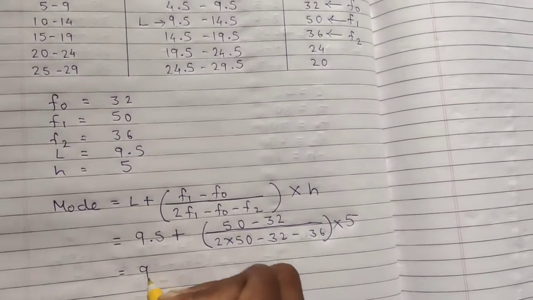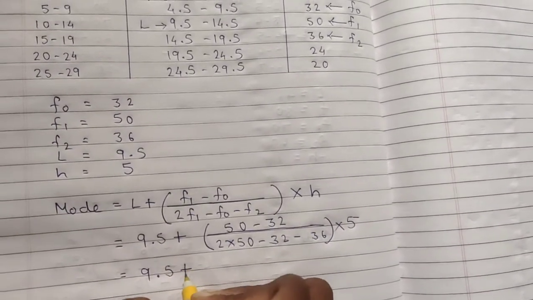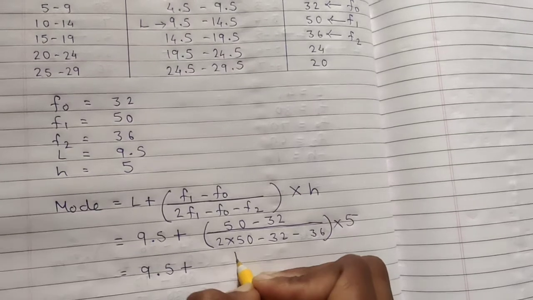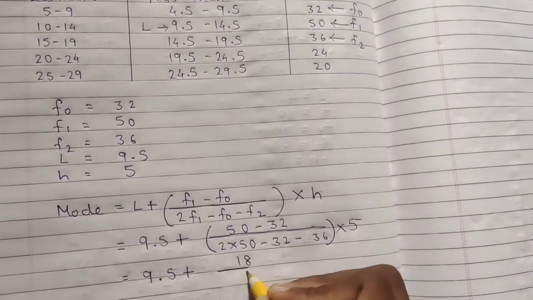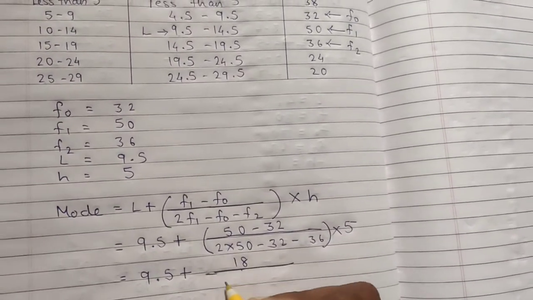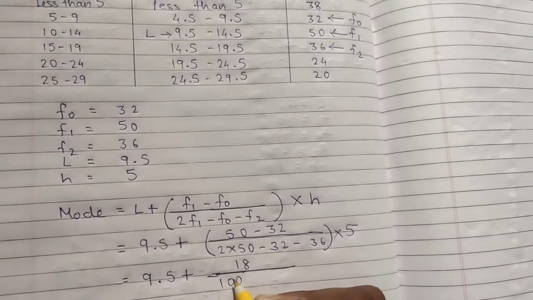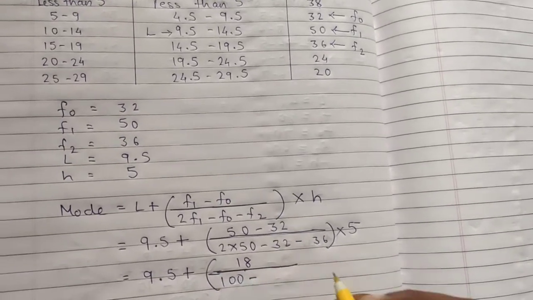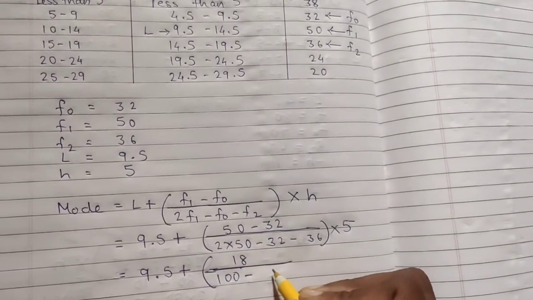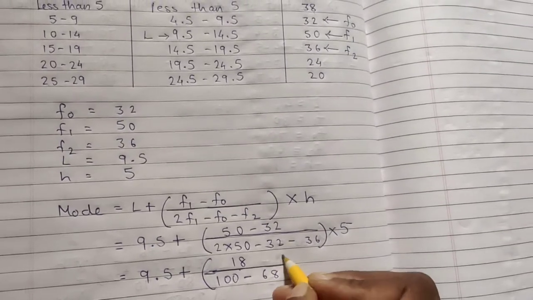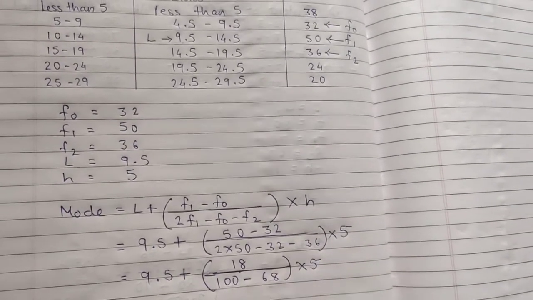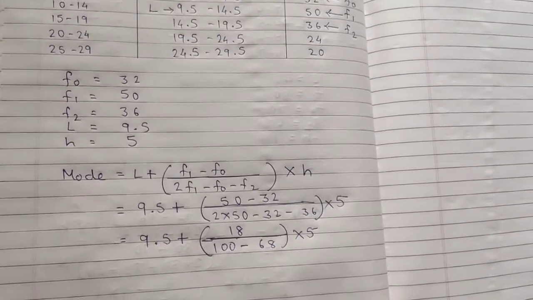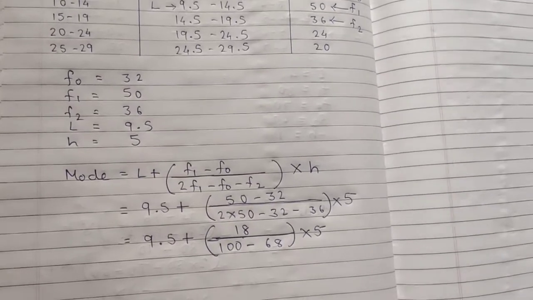Let us simplify this. This is 9.5 plus 50 minus 32 gives you 18. Here 2 into 50 is 100, minus the sum of these two, 32 plus 36 gives you 68.